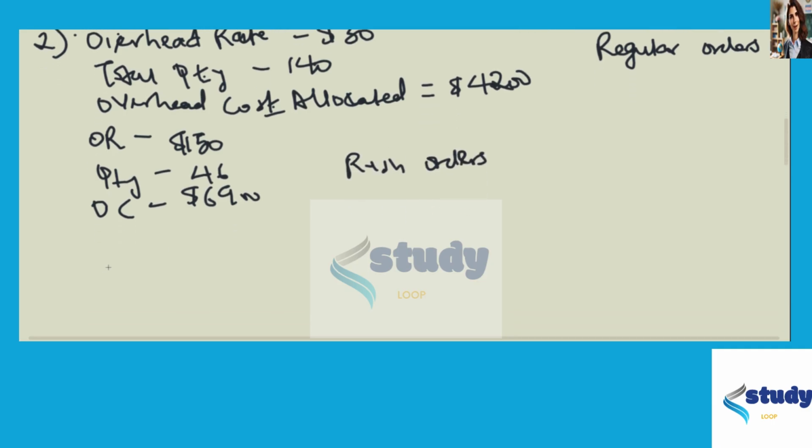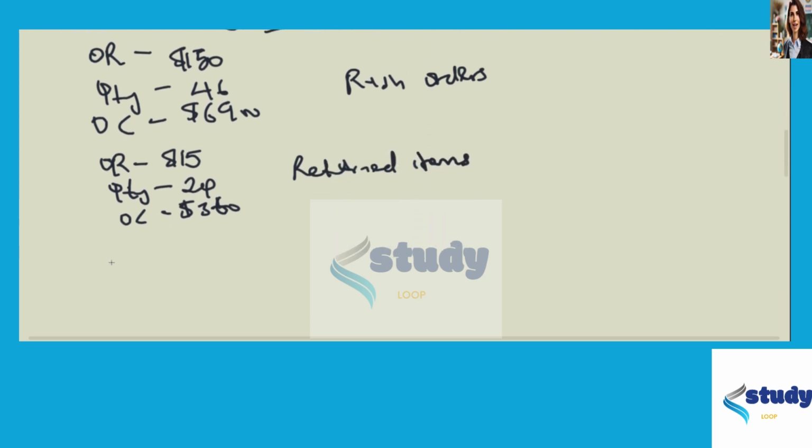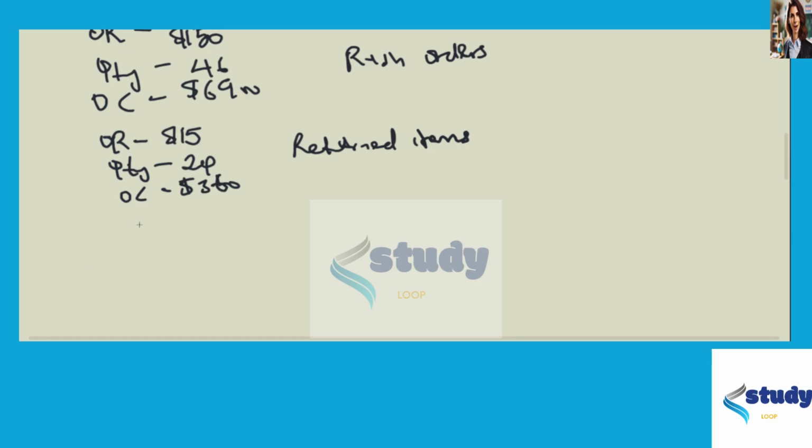So moving on, for the return items processing, the overhead rate is $15. The total quantity of cost drivers is 24, and the overhead cost allocated is 360. And this is for returned items. And then the catalogs and customer support, the overhead rate is 1,200.